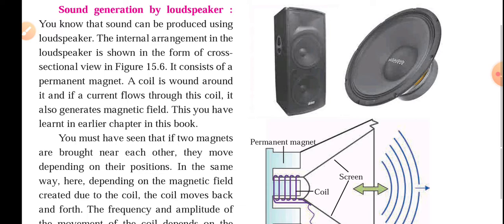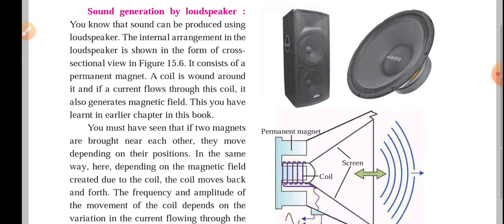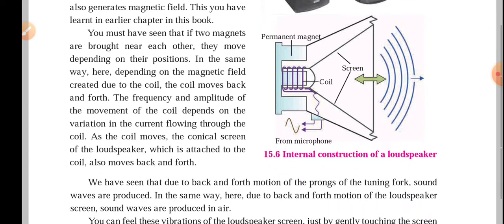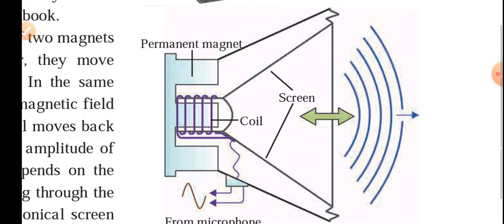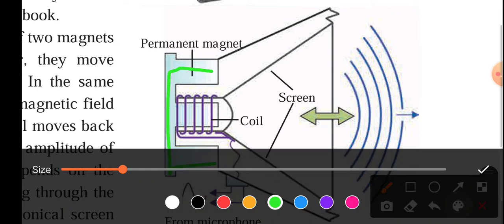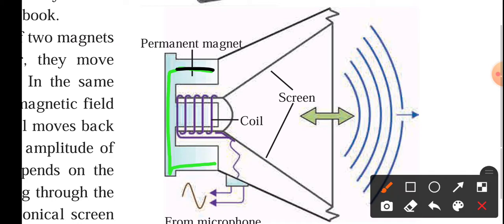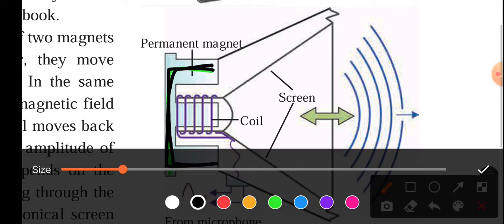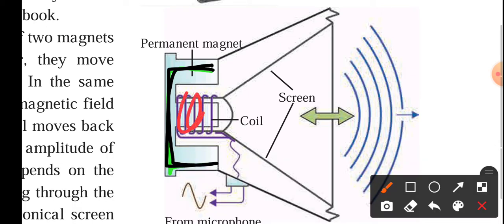So let's see what we have inside the speakers. We have a permanent magnet. You can see this is a permanent magnet, and at the center of this we have the coil.